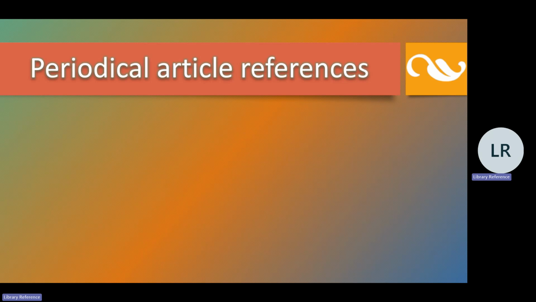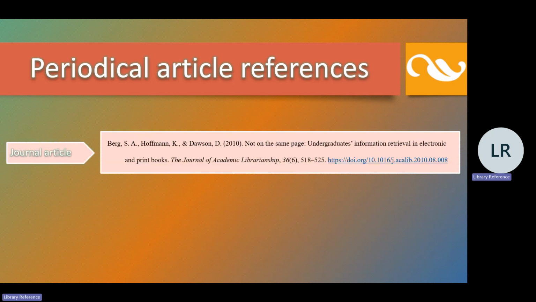I'm going to begin with a periodical article example. The first one I have here is a journal article. So a journal article reference starts with the name of the author, in this case, three authors, Berg, Hoffman, and Dawson, presented in the way we mentioned earlier. Then we have the year of publication in parentheses.